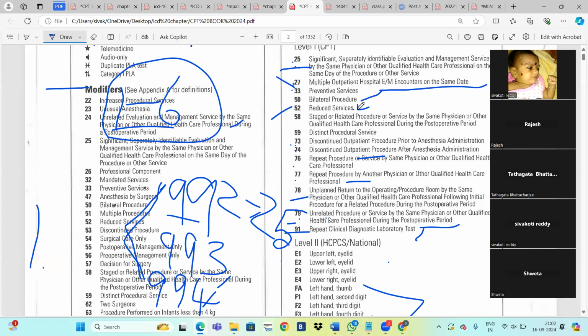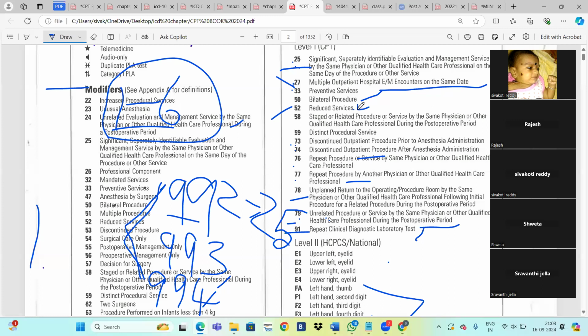If the question itself says bilateral, you are not supposed to use the 50 modifier, right? If they said bilateral, no modifier is required. Not 50, not 52. No modifier required.